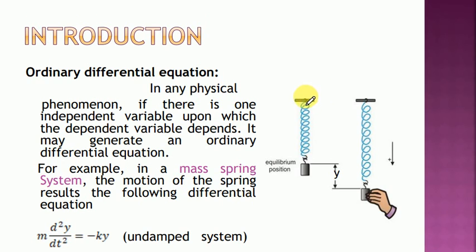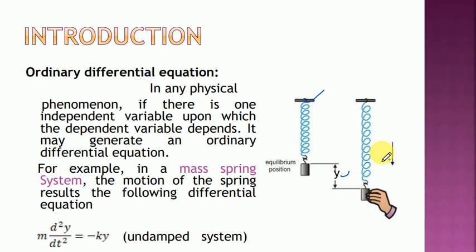In this system, the spring is attached here and a mass is hanged at the lower end of the spring. When we pull this spring with the displacement of y and release it freely, then there arises a motion.